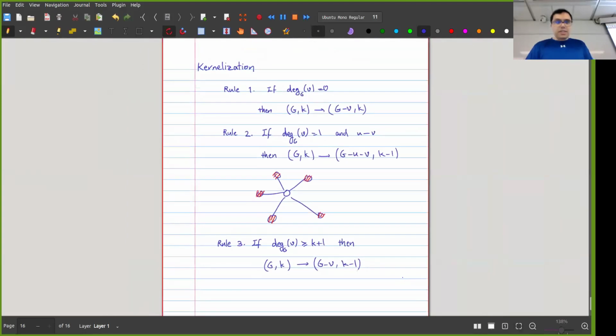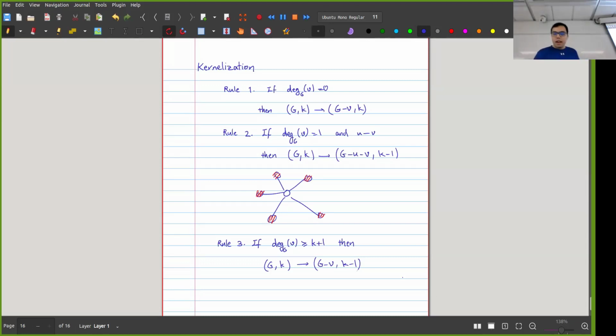Now this is great because I have 3 different rules: my first 2 rules get rid of vertices of low degree, and my last rule gets rid of vertices of high degree. So let's say I keep applying these rules over and over again, as many times as I can.